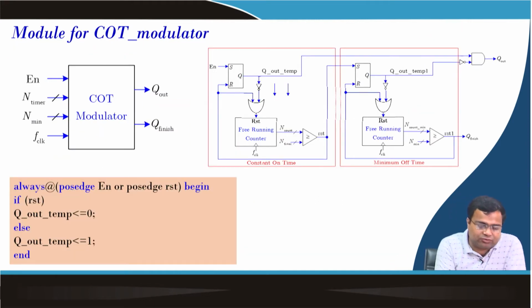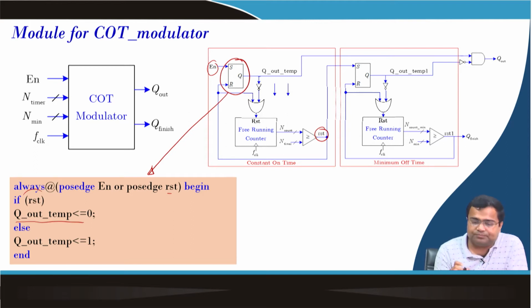Now, next, always at the end. First, which logic are we implementing? We are implementing this logic. So, this logic is here. Always at the positive edge of enable or the positive edge of this reset, it goes inside. It checks if the reset is high, then Q temp is set to 0, because this is an RS flip flop.